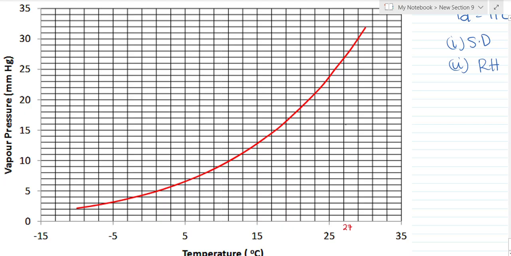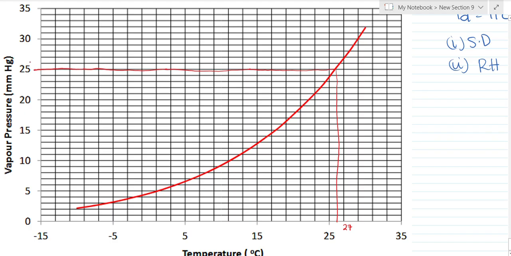So 26 will be in the middle, somewhere here. Then trace this. When you are doing this, make sure you use a ruler. I'm not using a ruler now, so that's why I'm struggling.